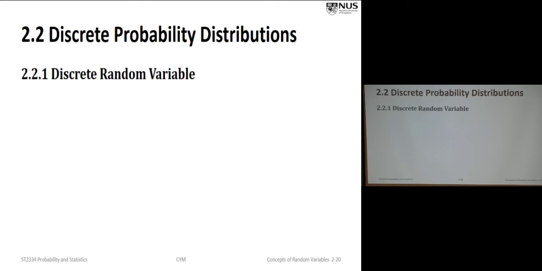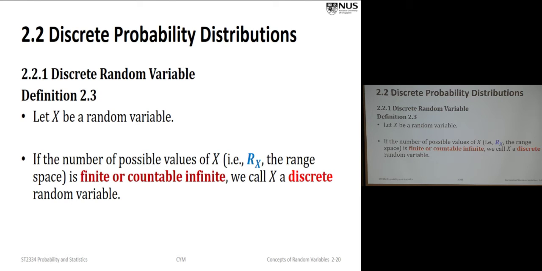So, start with discrete random variables. x is a discrete random variable so long as Rx, the range space, is finite or countably infinite. That is considered discrete. A lot of times, it's just integers.